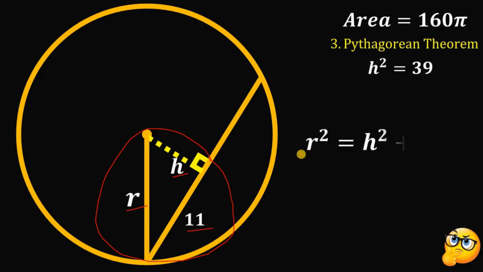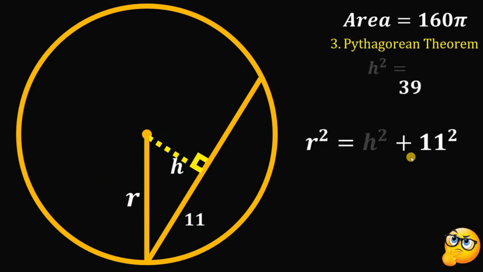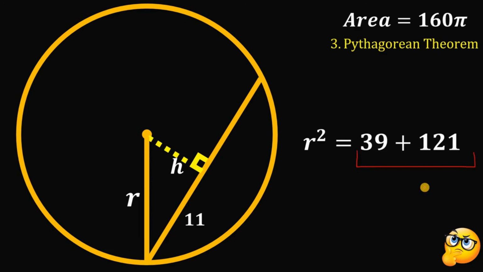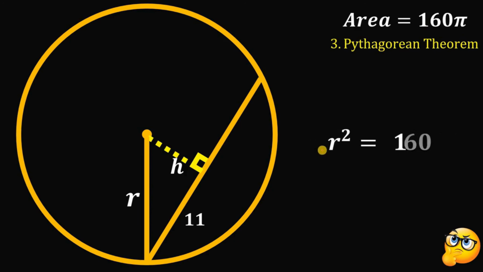So, using the Pythagorean theorem, we have r squared equals h squared plus 11 squared. And take a look, we have a value for h squared, which is 39. So we can replace this h squared with 39. And 11 squared is 121, of course. Now, 39 plus 121 will give us, of course, 160.